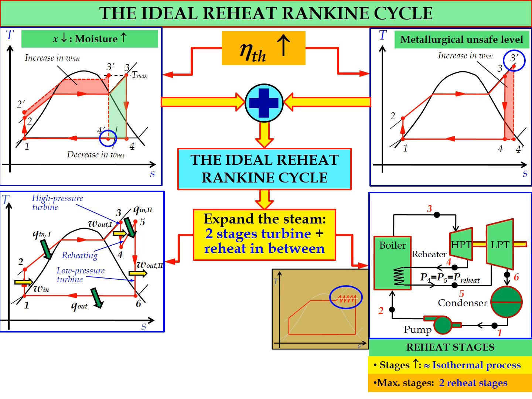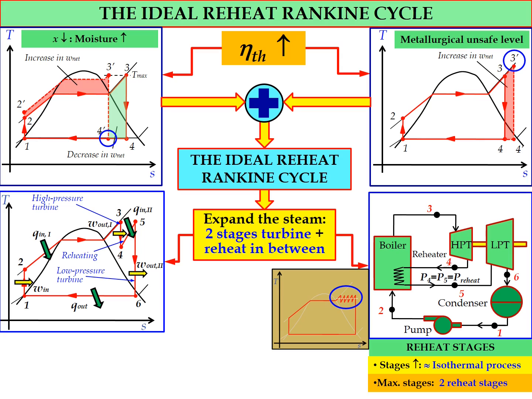For the ideal reheat Rankine cycle, in terms of phase, state number 1 will be saturated liquid, state number 2 compressed liquid, state number 3 superheated, or at least saturated vapor. State number 4, the phase may be superheated or maybe saturated mixture, so we need to check for state number 4.